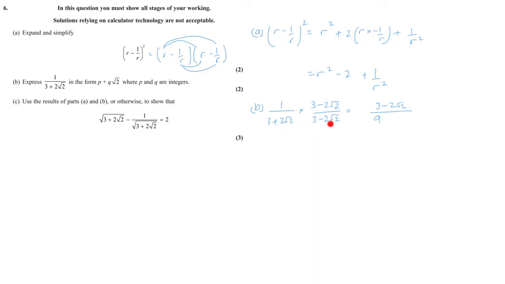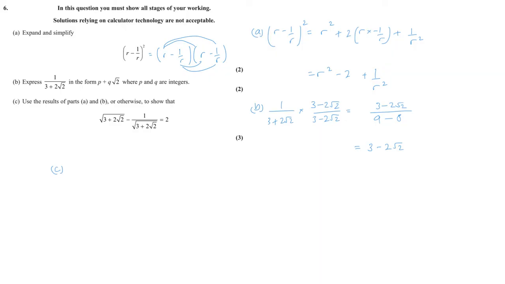And 2 root 2 times minus 2 root 2 is going to be a minus. 2 times 2 is 4, and root 2 times root 2 is 2, and 4 times 2 is 8. So it's going to be over 1, which is just 3 minus 2 root 2. Okay, so that's part B done.